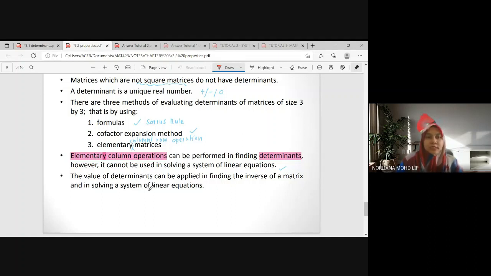Okay, the last one, the value of the determinant can be applied in finding the inverse of a matrix. Okay, for the inverse of a matrix, we call it the adjoint method.